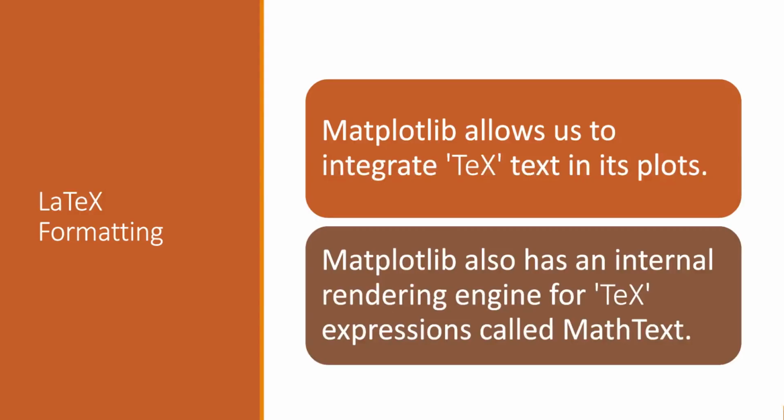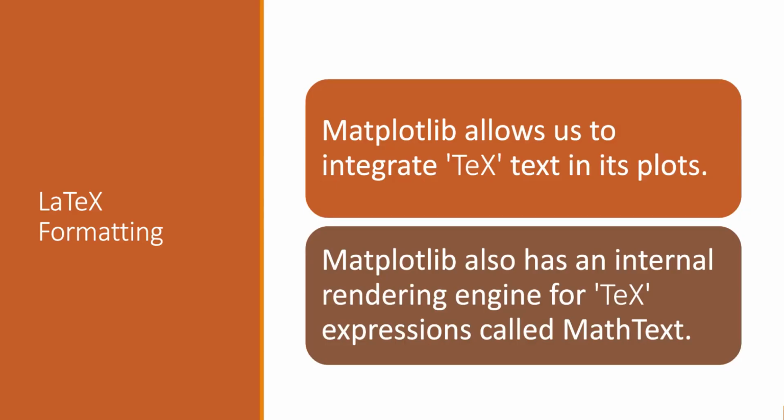In the previous module, we learned how to put text within and outside the figure. Now we will take it a step further by learning how to add mathematical symbols and formulas to Matplotlib figures. If you have ever used LaTeX, you know how powerful it can be to render mathematical formulas.